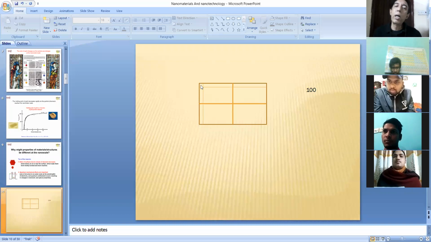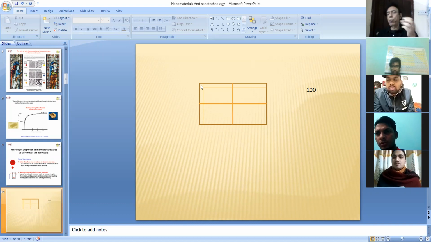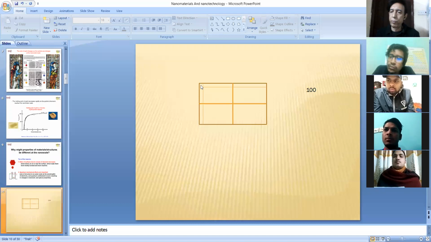Say for example, have you dissolved something in water? Say for example, a lump of sugar, misri. You want to dissolve misri in a glass of water.